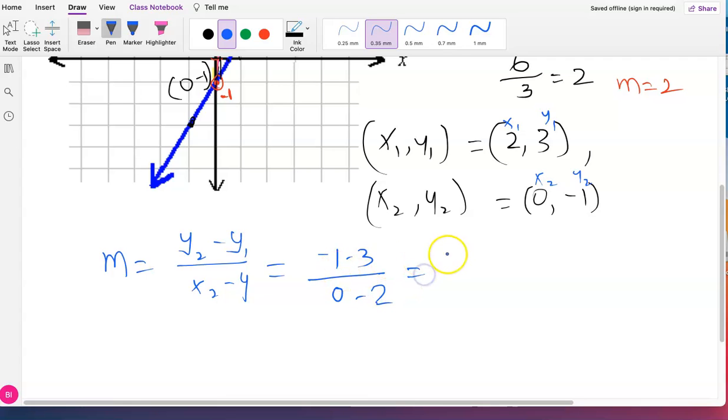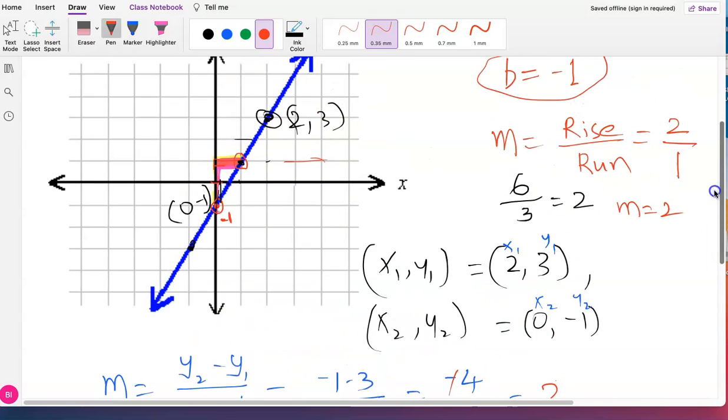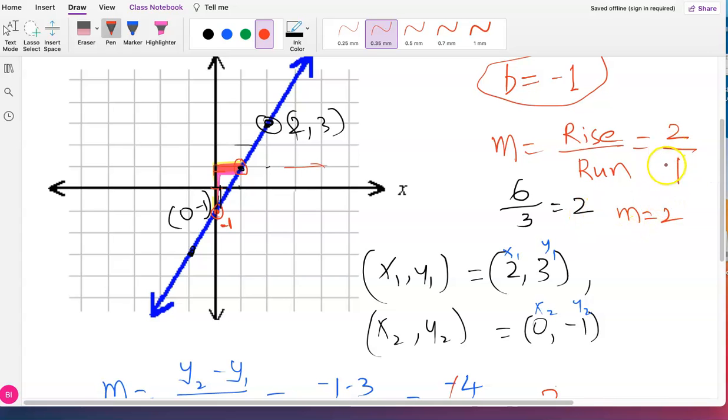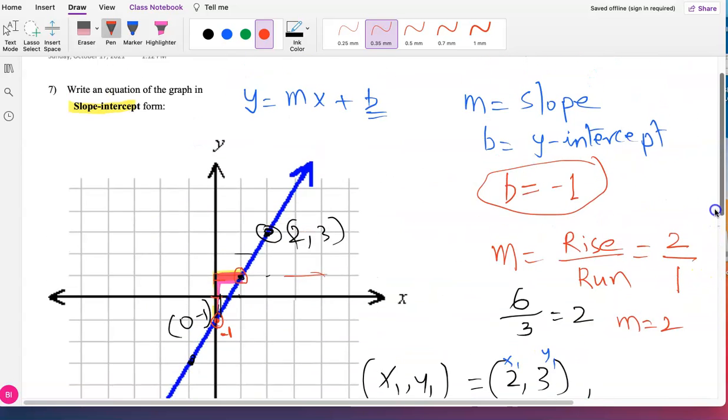Okay. So negative 1 minus 3 gives you negative 4 divided by negative 2. So negative 4 divided by negative 2, the negative signs cancel, and 4 divided by 2 is 2. So the slope m is equal to 2. That's what you had here. The rise over run gave you 2 with 2 examples, and this also gives your slope equal to 2, right?